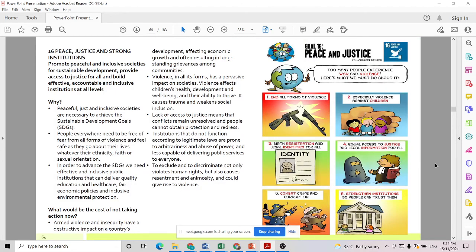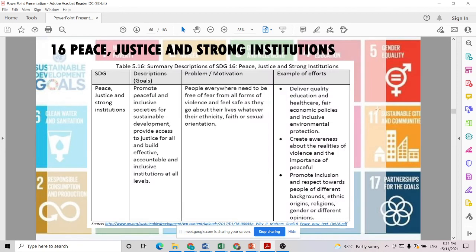And then number 16, peace, justice and strong institution. So you need to promote peaceful and inclusive societies for sustainable development. So you provide access to justice for all and build effective, accountable and inclusive institutions at all levels. So what is the effort? Effort is to deliver quality education, healthcare, fair economic policy and inclusive environmental protection.